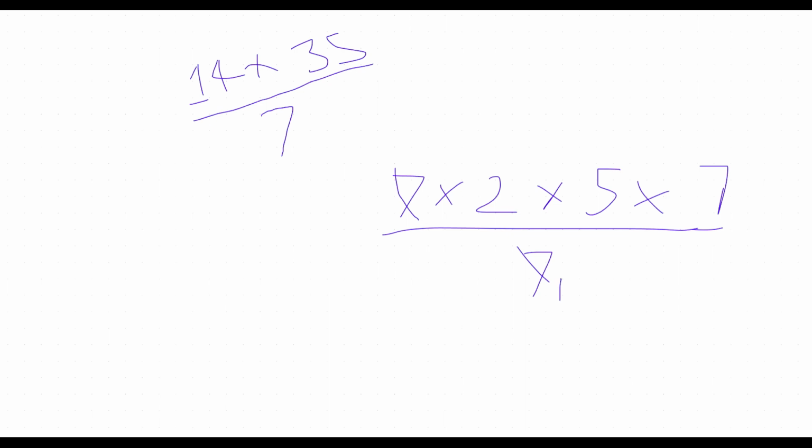When you cut, you start putting a 1 here. When you cut that, what you get is 1. So what you get is 2 times 5 times 7 divided by 1. What is that? Simplify. That is the answer.